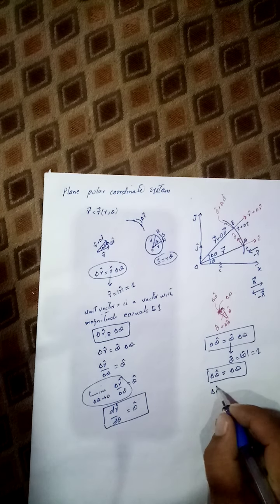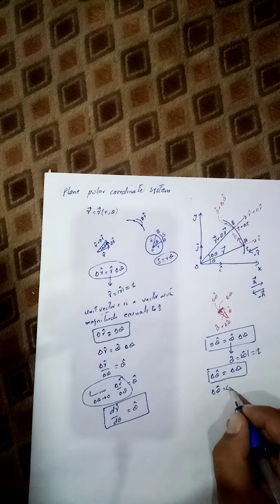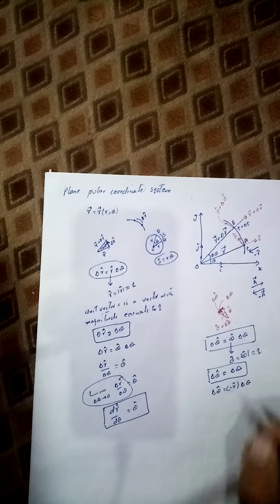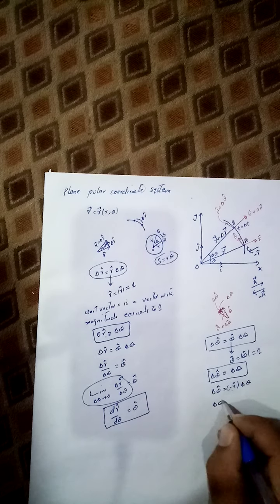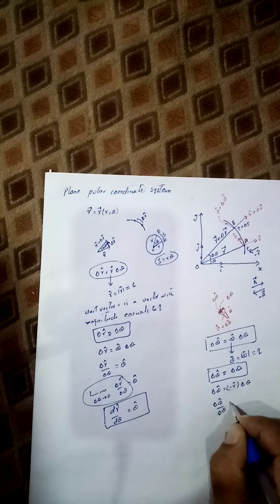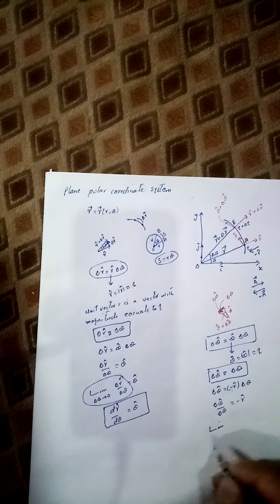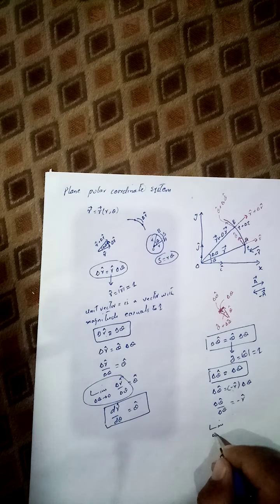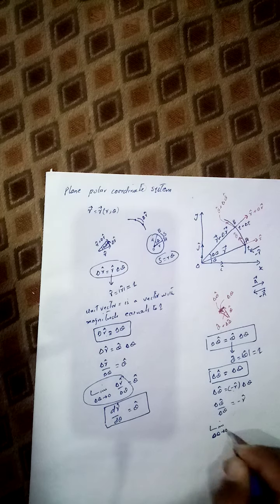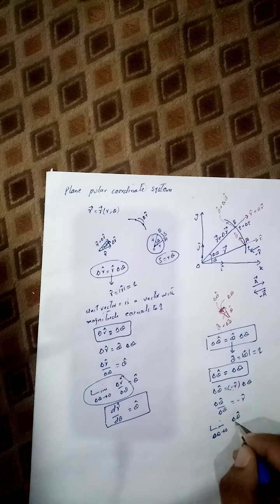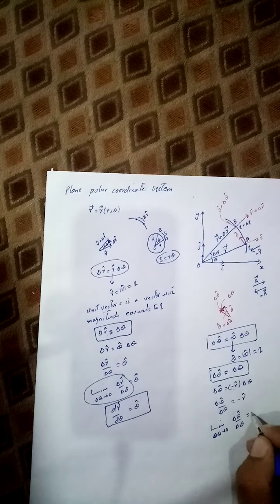So delta theta cap will be equal to minus r cap, where we introduce the direction here, times delta theta. Dividing both sides of this equation by delta theta, we get this relation. Applying the limit, delta theta approaches 0, delta theta cap over delta theta is equal to minus r cap.